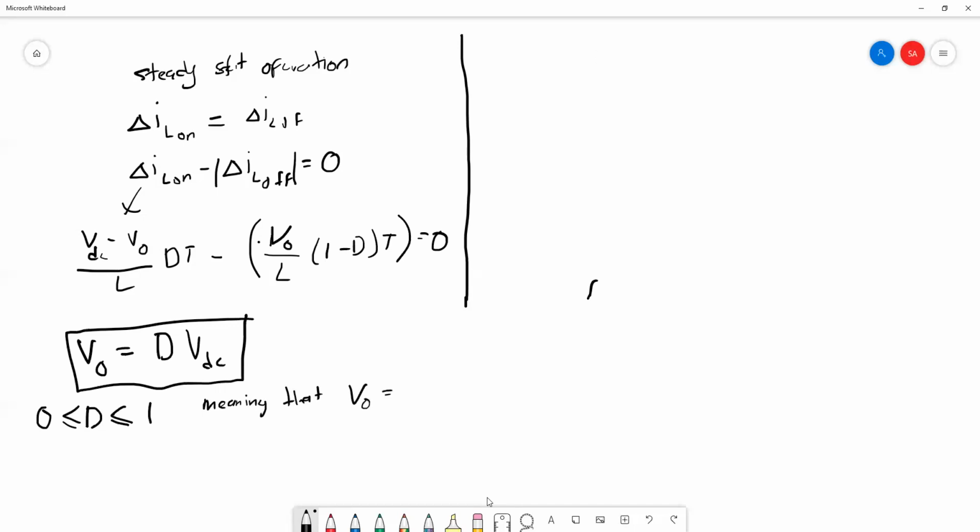V out can be equal to VDC when D is equal to 1, the maximum. The minimum is when V out becomes 0, which is when D is 0. So for the buck converter, the maximum output is equal to the input, while the minimum output is equal to 0. We will continue with the analysis of the inductor current.